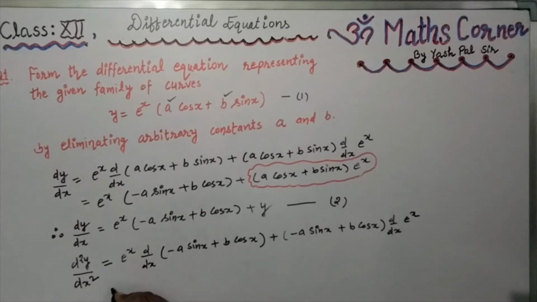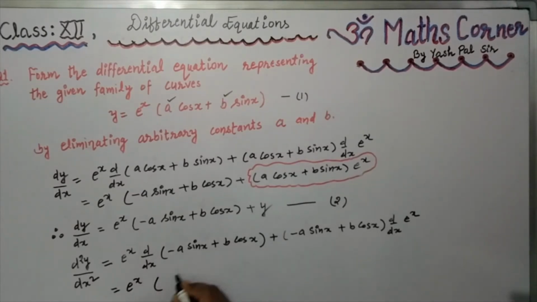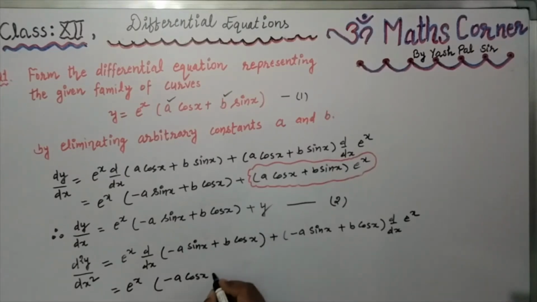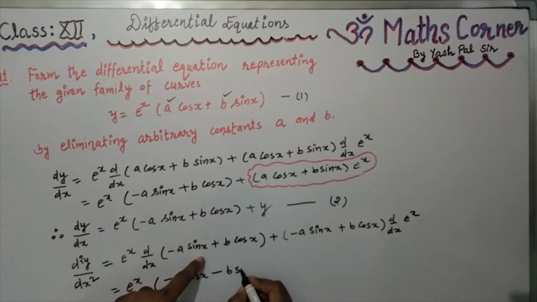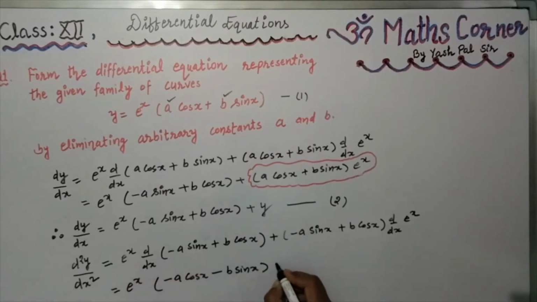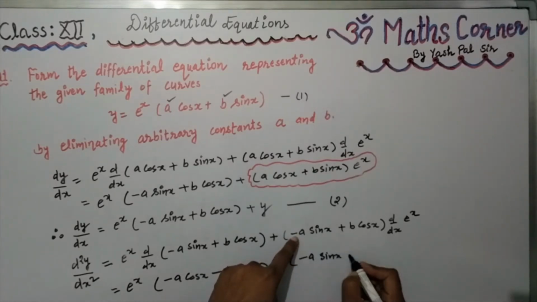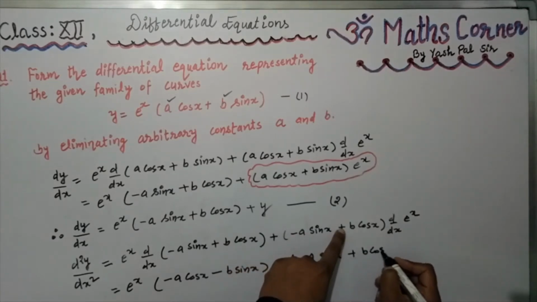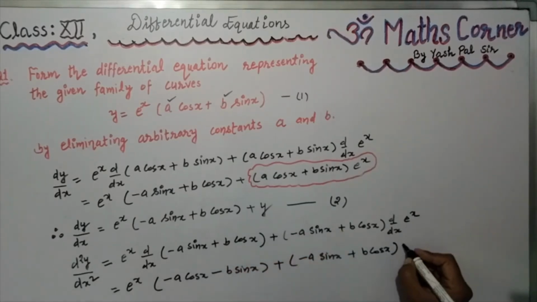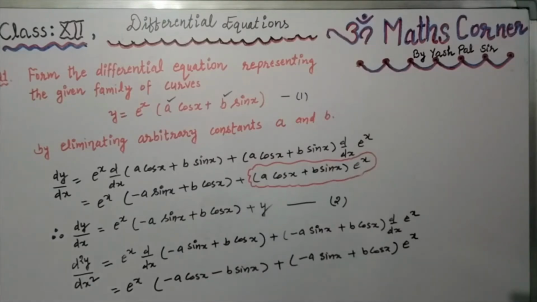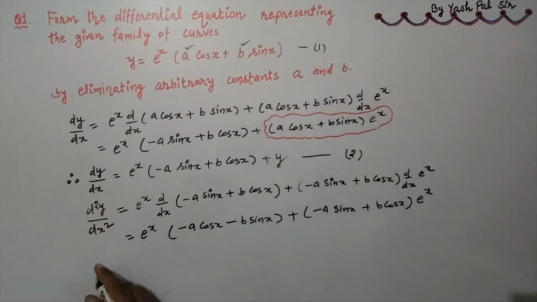So this is equal to e power x into minus a sin x, whose derivative is minus a cos x, b cos x, whose derivative is minus b sin x, right, plus now this whole, again we write minus a sin x plus b cos x into e power x, whose derivative is once again the same.